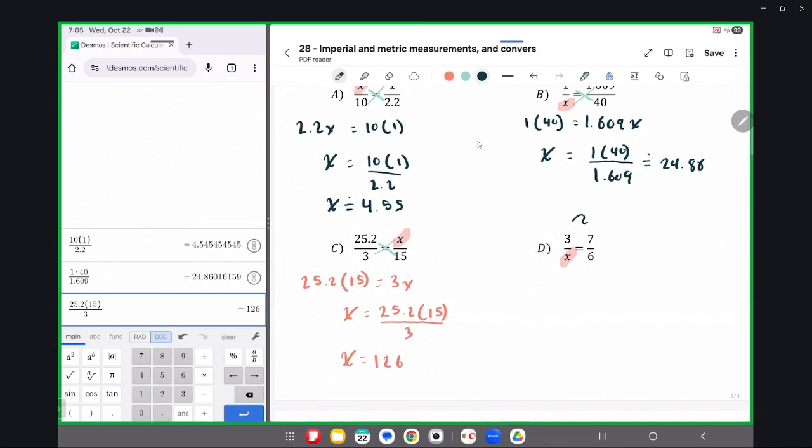Lastly but not leastly, we have 3 divided by x is equal to 7 over 6. So again, the means and the extremes. We're going to take 3 multiplied by 6, and that'll be equal to 7 multiplied by x. We divide both sides by 7, and we end up with x is equal to 3 times 6 over 7.